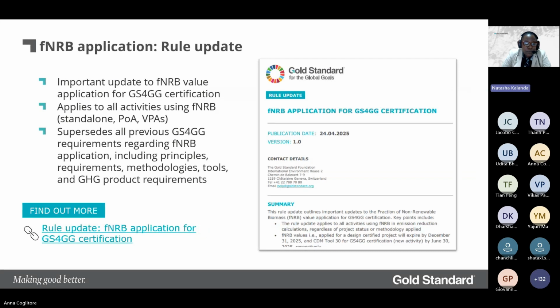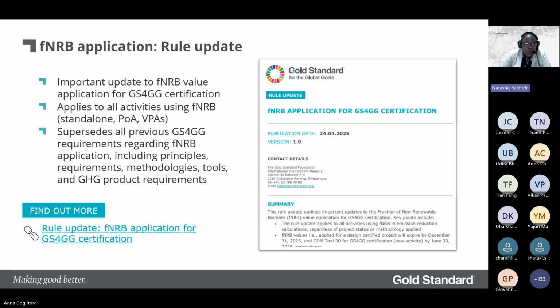The reason we are here today is to reintroduce this rule update that the GS4GG published, as Anna mentioned, in July. What is important to note is that this rule update applies to all project activity design types, whether it is a standalone project, program of activity, or voluntary project activities.